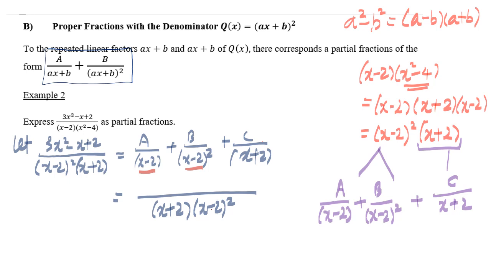Right, so let's look at the first partial fraction. From our first partial fraction, we have 1 over x minus 2. So if you were to close up your power 2, then what you need to multiply a with would be x plus 2 and bracket x minus 2.